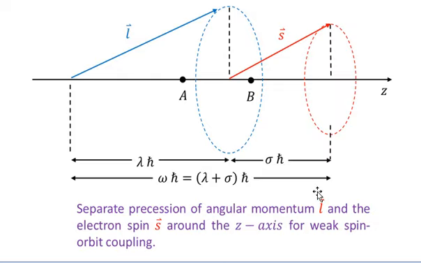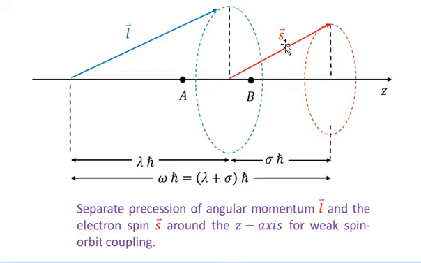Here I have shown the projections of the orbital angular momentum L and the spin angular momentum S of a single electron on the z-axis. I am considering a single electron in a molecule. The projection of L produces a projection quantum number lambda, and the z component of L will be represented by lambda h bar.